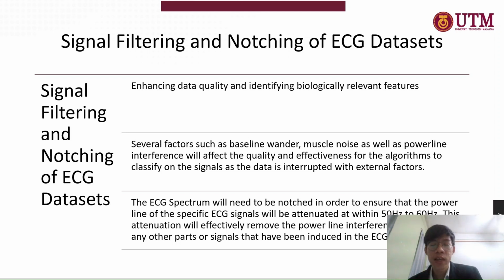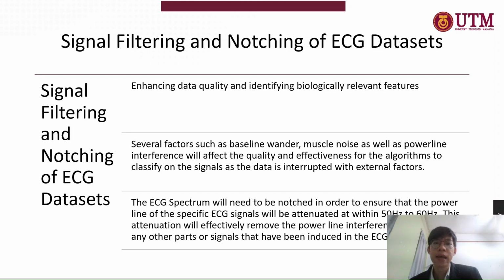In this section, several factors such as baseline wandering, muscle noise, as well as power line interference possess risks, as they will affect the quality and effectiveness of the artificial intelligence algorithm in classifying the signals, because these factors interrupt the data and cause it to be disturbed by the external factors I have just mentioned.